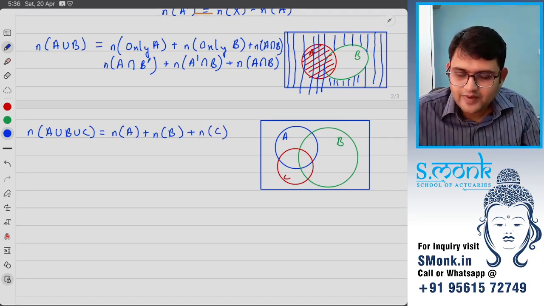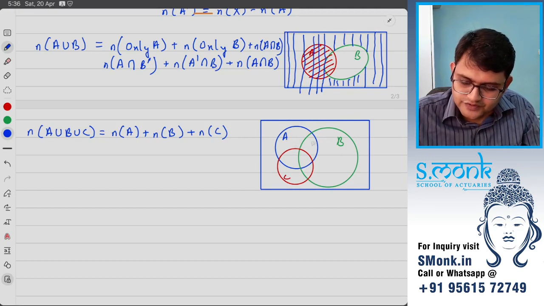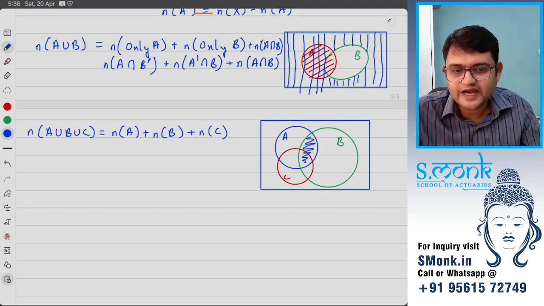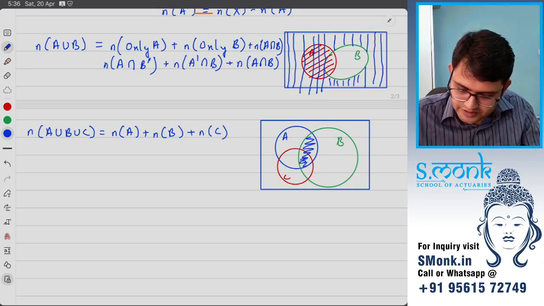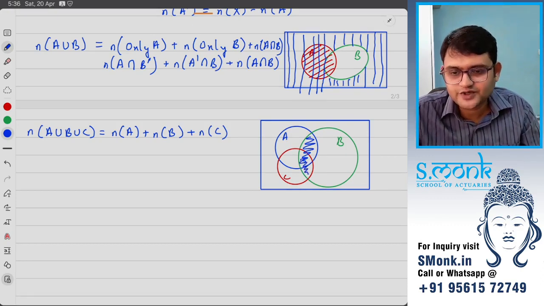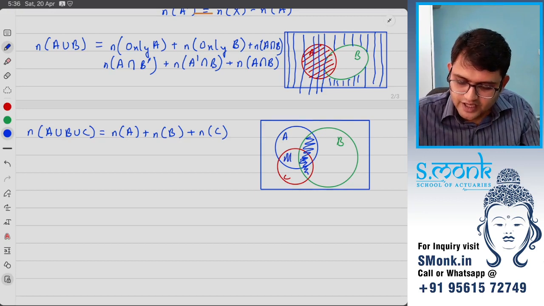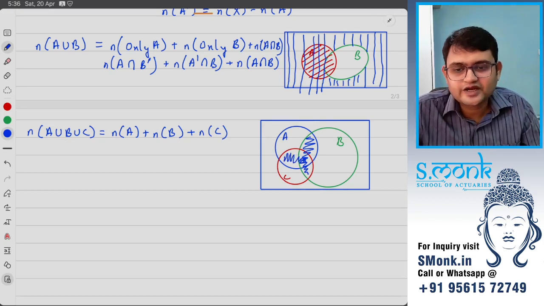Now when I'm adding them up, the common region A intersection B has been added twice. B intersection C has been added twice, and A intersection C has been added twice.